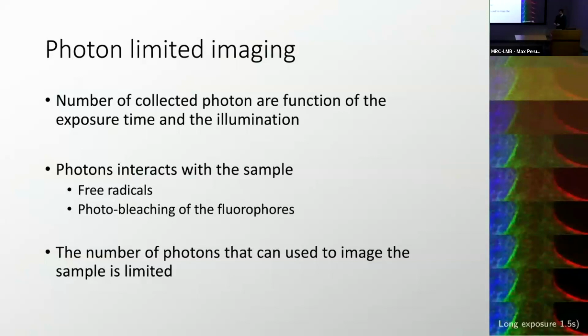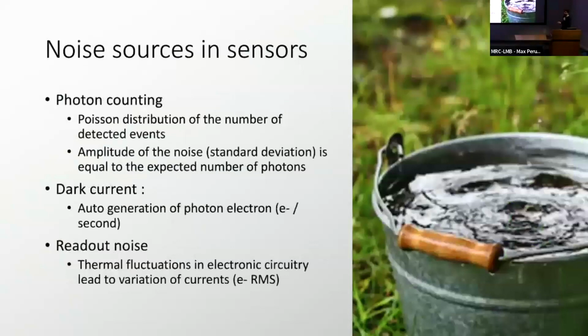So we want to limit how many photons we use to image. In the end, there's a sort of budget of photons you can use for imaging. And you can see here the effect of going from a short exposure time to a longer exposure time. The noise from just counting photons is Poisson distributed, so the variance of the noise is linked to the intensity.